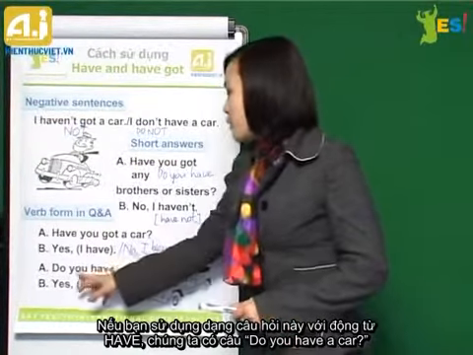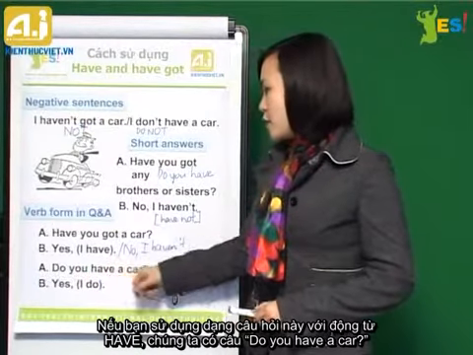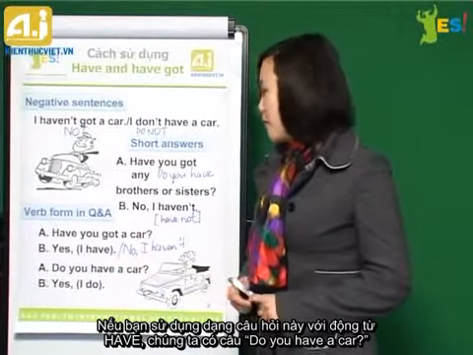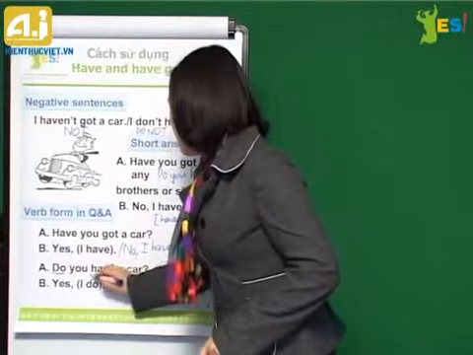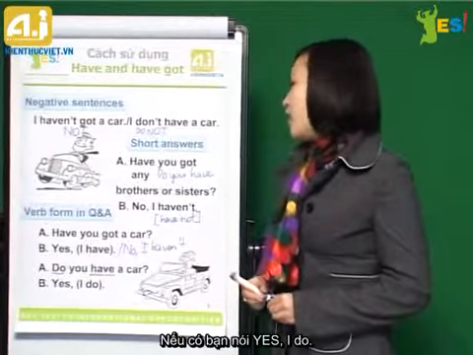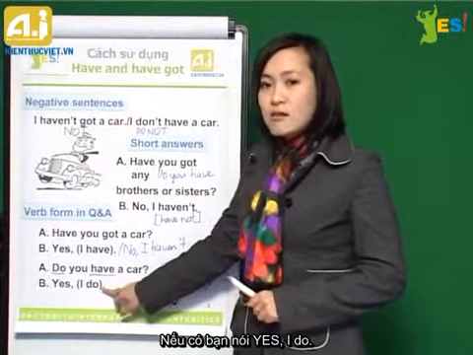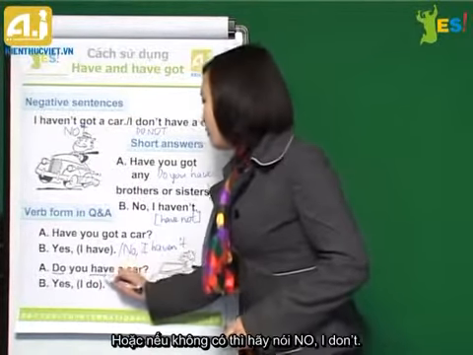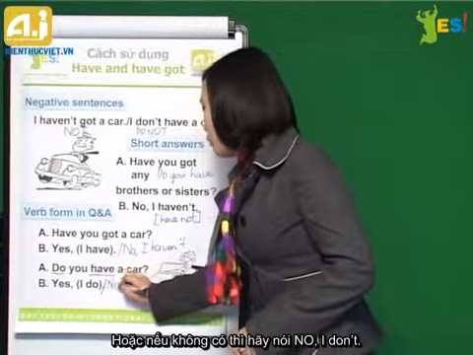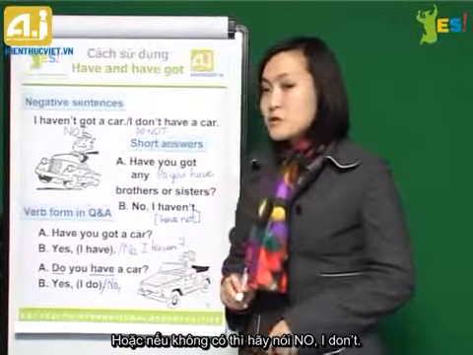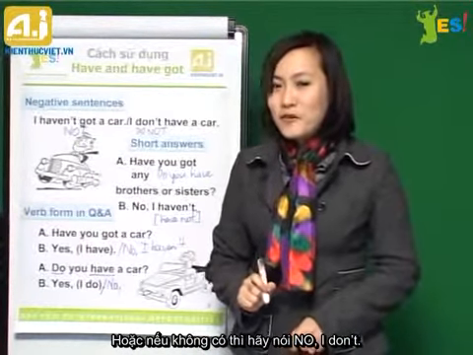If you use these questions with the verb have, it should be, do you have a car? If you answer yes, then the short form should be, yes, I do. If the answer is no, what should we say in this case? No, I don't.